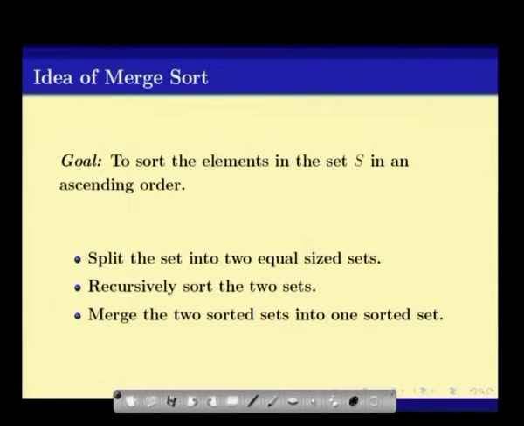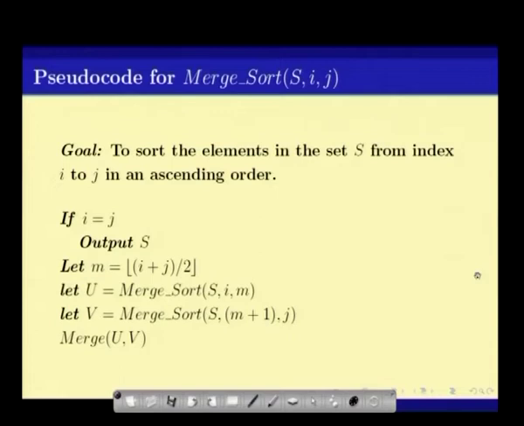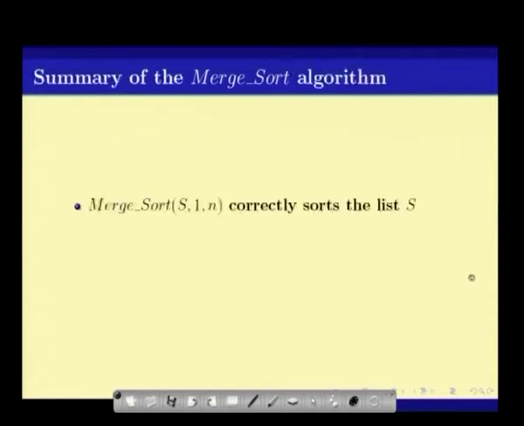So, this algorithm was also simple, and clearly the pseudocode shows that it is very simple. You just split it up into two halves, sort them out recursively and then merge them.